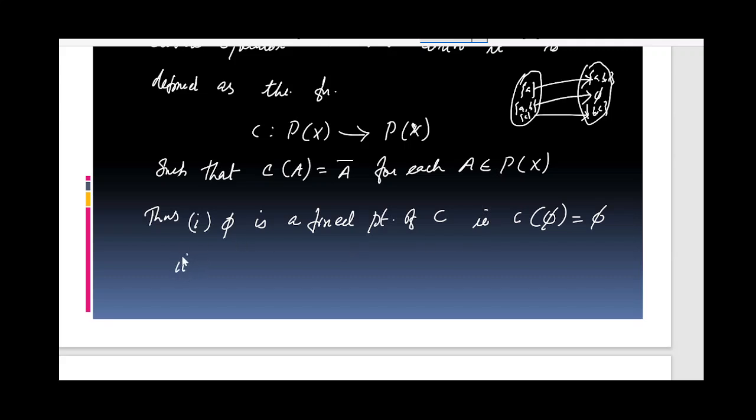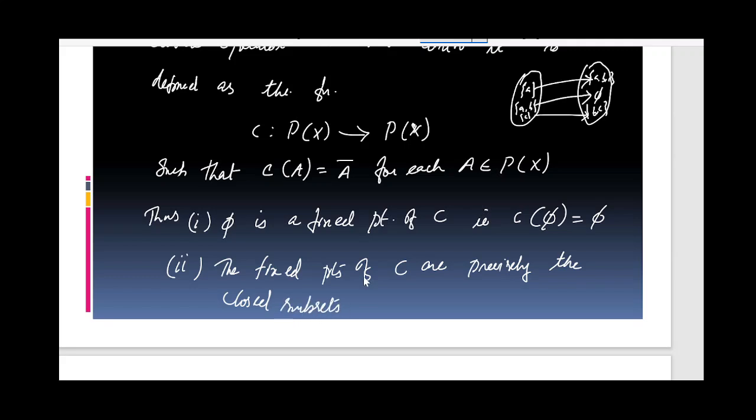And secondly, the fixed points of C are precisely the closed subsets of X. Where did you get this? We studied last class that A is closed if and only if A closure is equal to A, right?